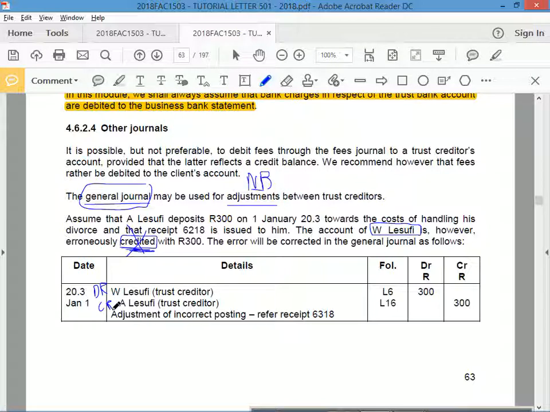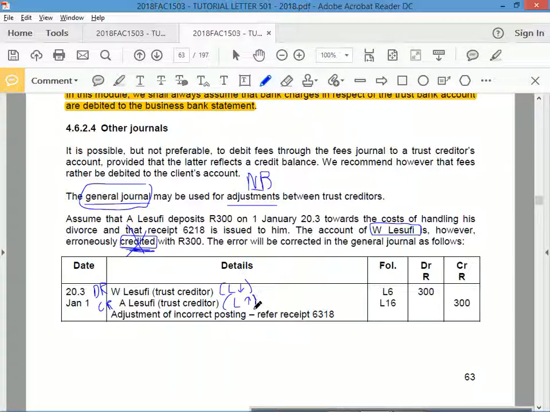Right, so just applying the rules. Debit, credit, plus, minus, increase, decrease. Obviously, if you wanted to, you could put here: liability decrease, liability increase, because we're dealing with clients here.